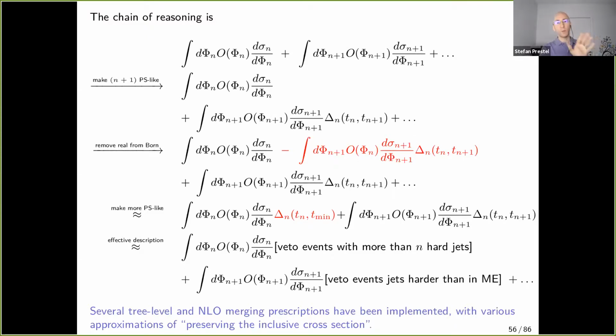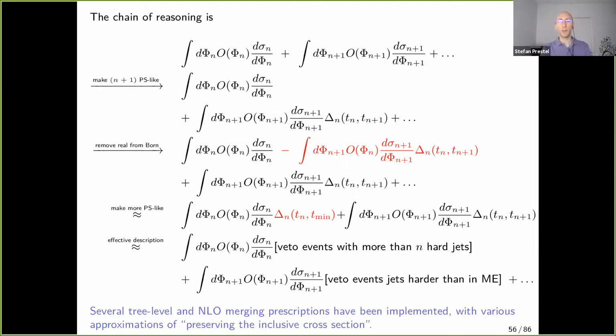The main thing that I want you to take from this is, in order to preserve the inclusive cross-section, the cross-section of an n-body state without being interested in n+1, n+2, n+3 body states, saying you only look at the rate of n larger or equal than 5 jets, for example.